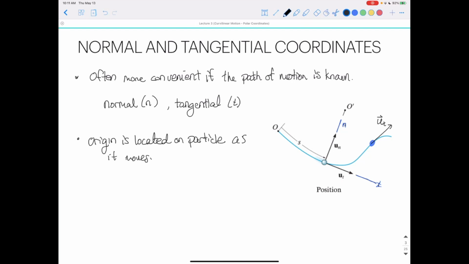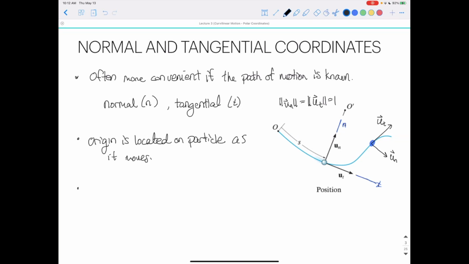It's always going to point towards the center of the radius of curvature. So in this case, our normal component would be over here. And as another side note, the magnitudes of these unit vectors, because they are unit vectors, are always equal to 1.